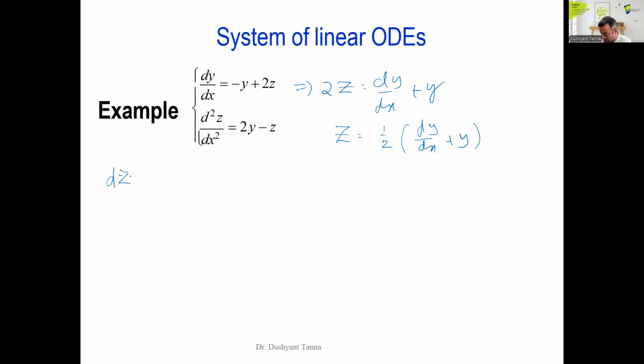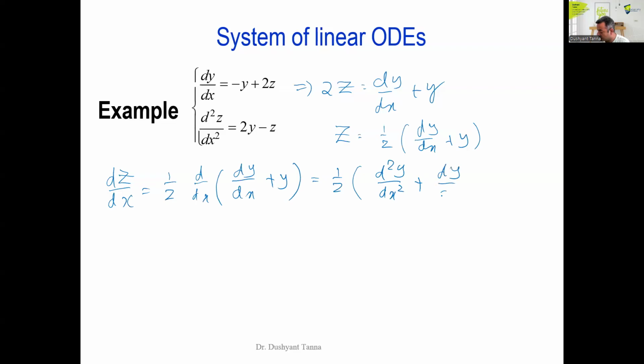So dz by dx. Half stays as it is. d by dx of this internal ring. And that will be half d2y by dx2 plus dy by dx. This is dz by dx. What I need is second derivative. d2z by dx2, right?